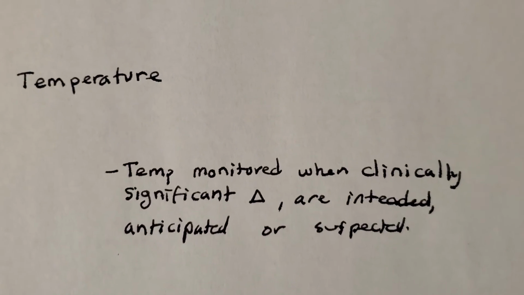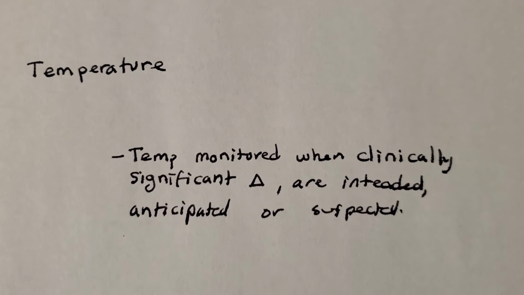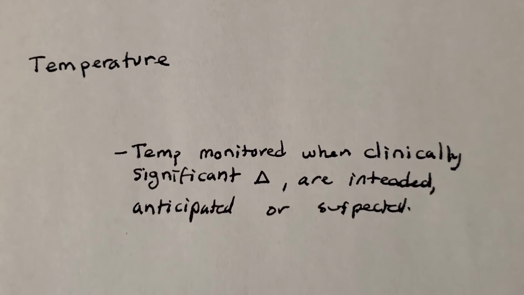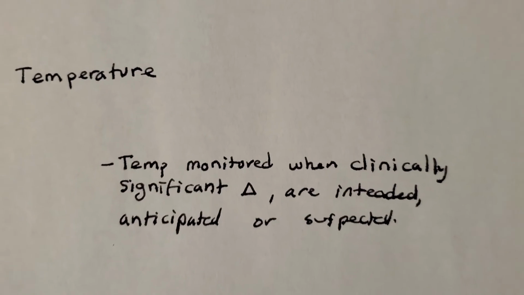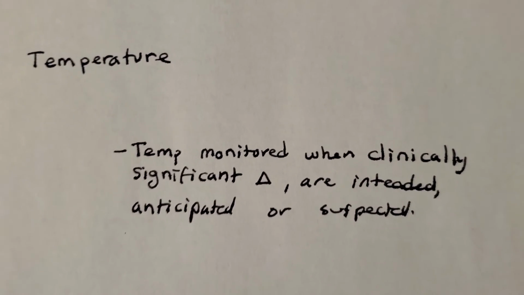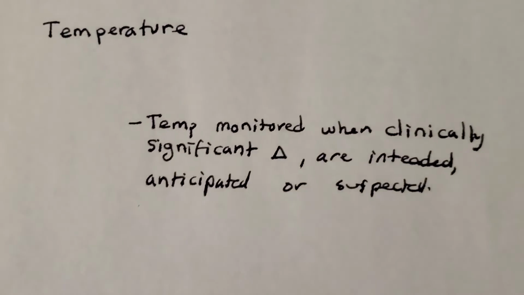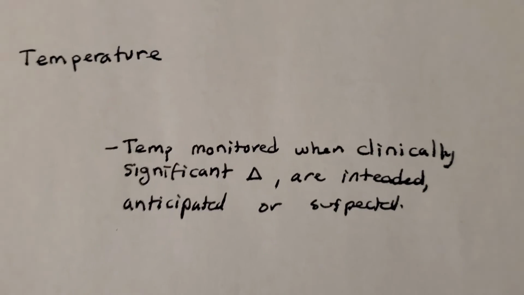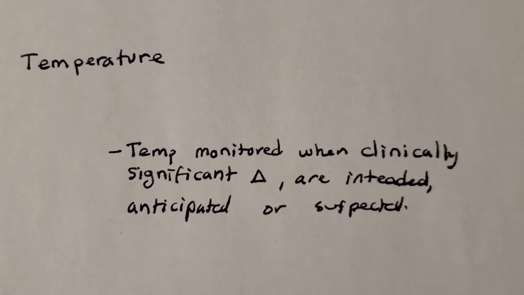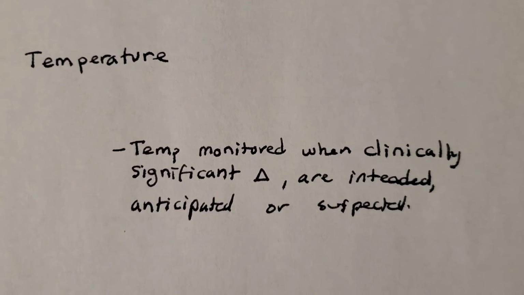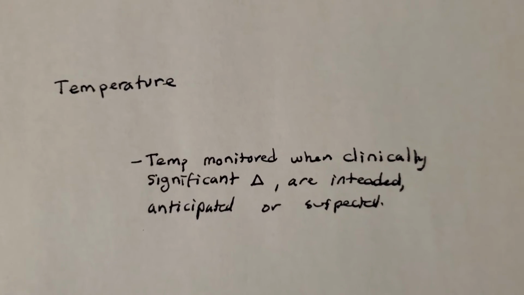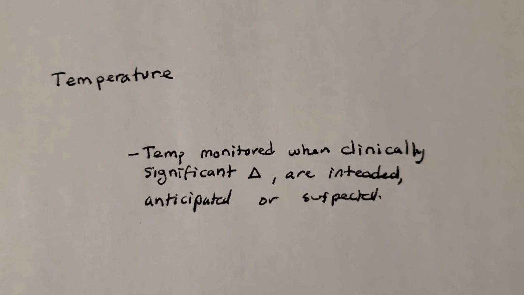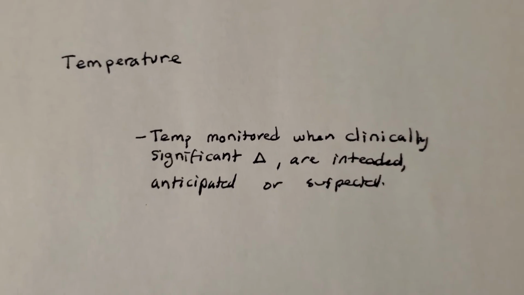And the main reason for that is that you want to see if the temperature drops too low. Whenever you induce general anesthesia, after a while that temperature can go real low, and if it goes low, it can affect the hemodynamics of the patient, and you won't be able to fix those until you fix the temperature. So that's why they want you to measure the temperature.